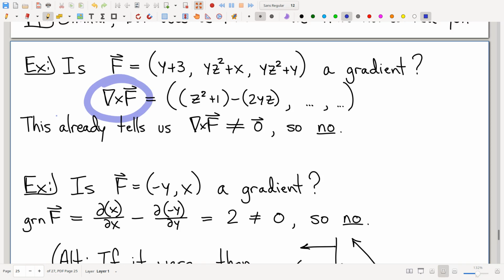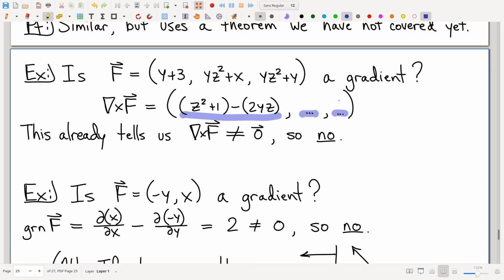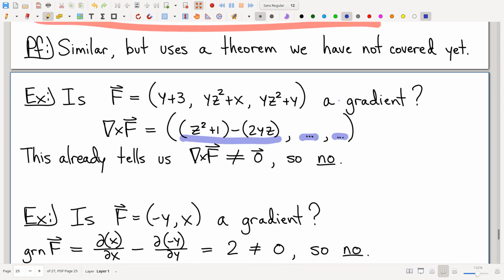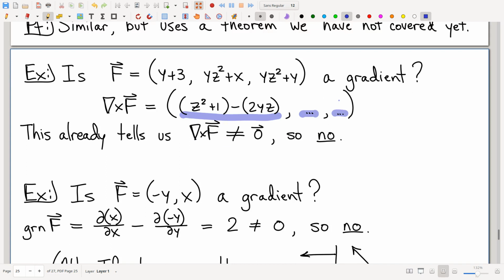So we take the curl. And as you go through and take the curl, there's a first coordinate. There's also going to be a second coordinate and a third coordinate. But check this out. You don't even have to compute the second and third coordinates of the curl, because all we care about is whether or not the curl is 0. Right? That's what our theorem up here says. Is the curl 0? 0 vector. Namely 0 in all three coordinates. So is this vector field 0 in all three coordinates? Well, apparently not.